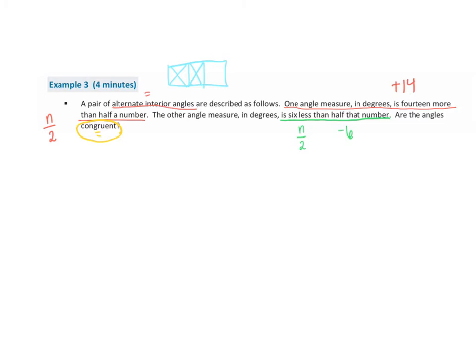One angle measure in degrees is 14 more than half a number. That number, I don't know, so that's what I've used as my variable right here. Half that number plus 14. That's my first angle. The other one is going to be 6 less than half that number. Again, we don't know what that number is. I use that as my variable right here. Are the angles congruent? So we want to set this up and see, will the left side equal the right side?